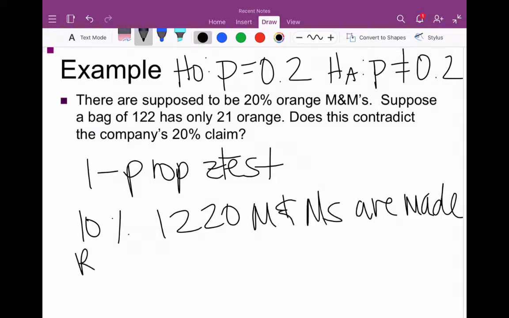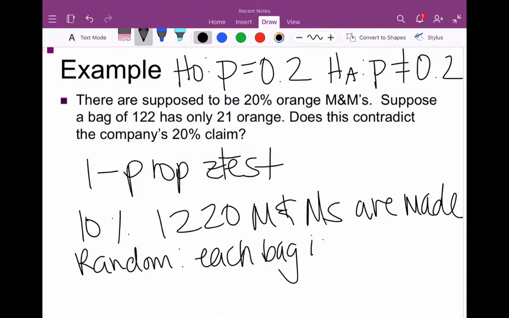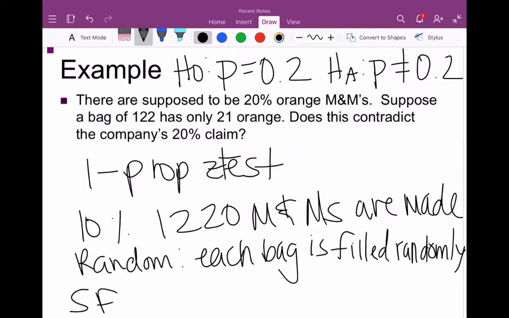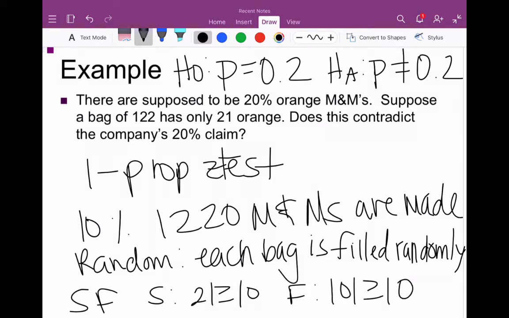Then we have the random condition, so each bag is filled randomly. And then our success/fail. So in this particular case, our successes is 21, which is greater than or equal to 10, and our failures are 101, which is also greater than or equal to 10. So our conditions are all set.